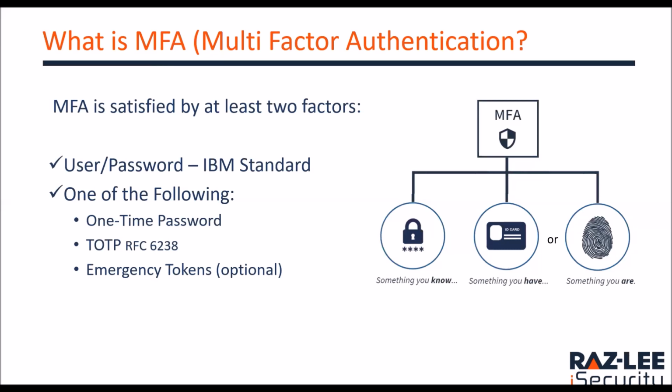Something that we have is an ID card, a QR code, a pen drive, a key device that makes an authentication, so it's a physical authentication device. Or something that we are, that can be face recognition, eye recognition, or fingerprints, something inherent to my person. My ID card is something inherent to my person. And the code, the TOTP, is something inherent to me because I get it through my phone.